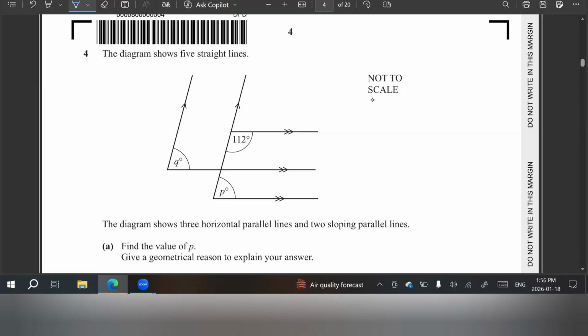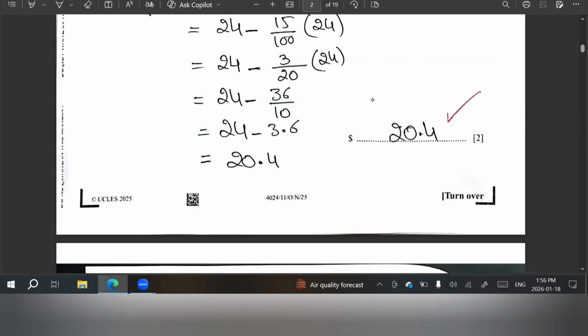You see this parallel line, and this parallel line, and so this P and this 112 are inside the parallel lines. This is their transversal line. They are on the same side of the transversal line. So these two are called allied angles. We normally call them allied angles. Cambridge also calls them co-interior angles.